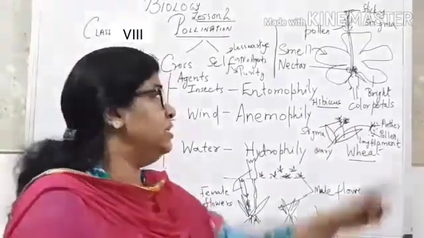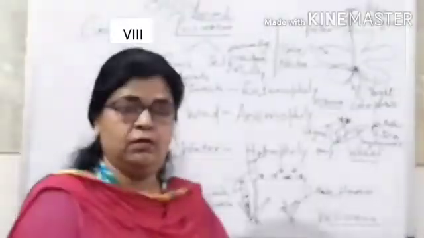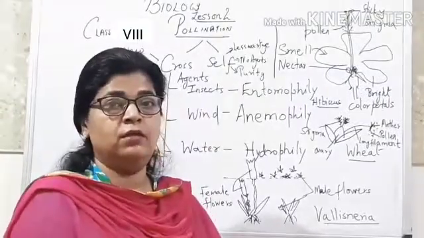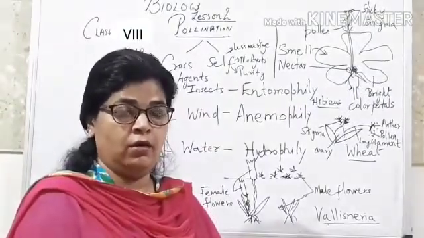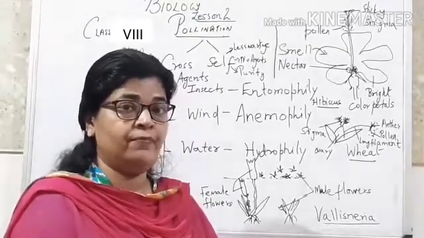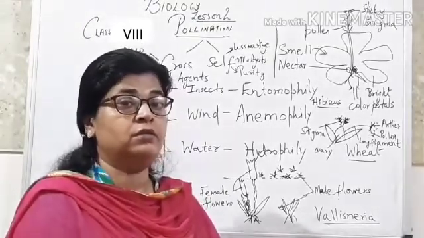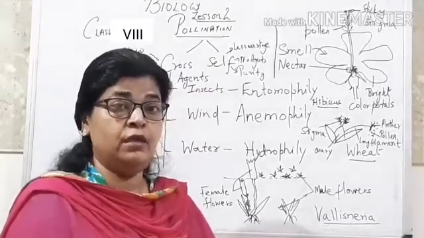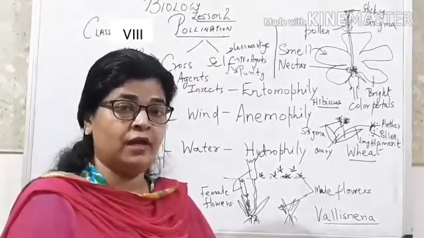Stigmas are sticky, prominent. Pollen grains are also produced in huge amounts, and they are again sticky. The flower has a nice, sweet smell. It will have to produce lots of nectar.